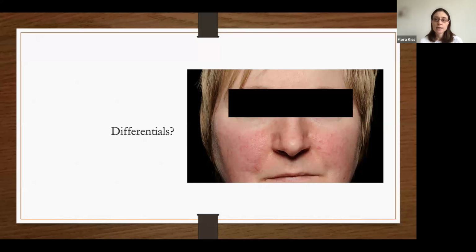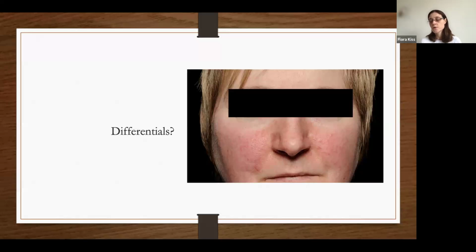For example, hidradenitis suppurativa, we also use the anti-inflammatory effect of tetracyclines in that condition. Sun protection is again something that is worthwhile to recommend to rosacea patients because most of these cases can be worsened by sunlight. So sun protection can be beneficial.